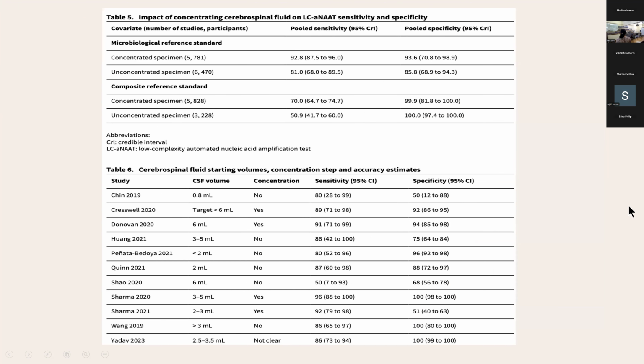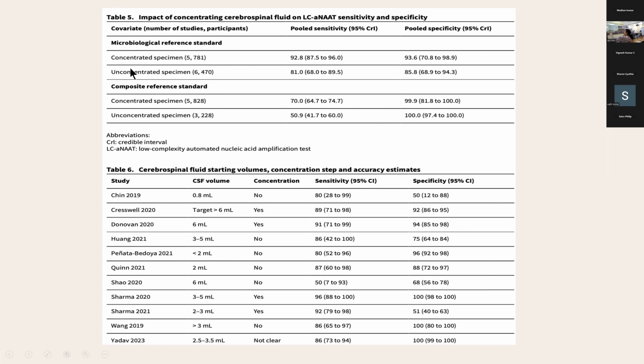Then they've done something called a meta-regression. That is like in your regular study, how you would do a regression analysis where you're accounting for confounders. Here they've tried to account for the confounders based on all the studies pooled together. So they looked at whether concentrating the CSF changed the sensitivity and specificity. They compared it again to the microbiological reference standard and a composite reference standard.